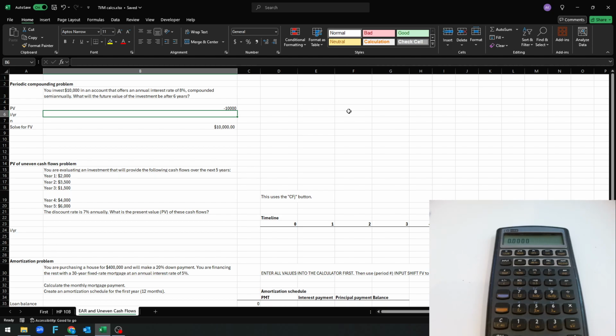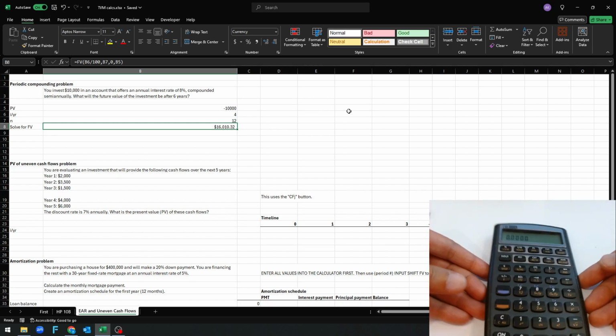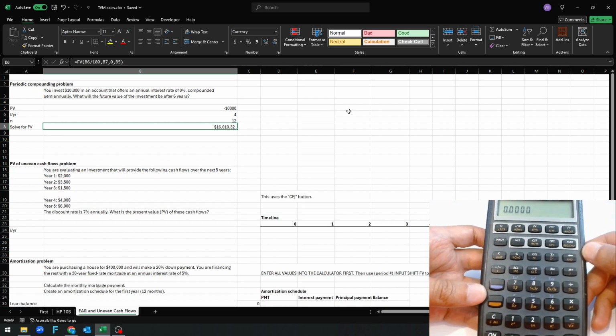So the rate is actually going to be 8 divided by 2. So the interest per year is 4. And then the number of periods is going to be 6 times 2. So there's actually 12 periods because over 6 years we're compounding 2 times per year. And so this is what Excel got. Let's see if we get the same answer with the calculator.